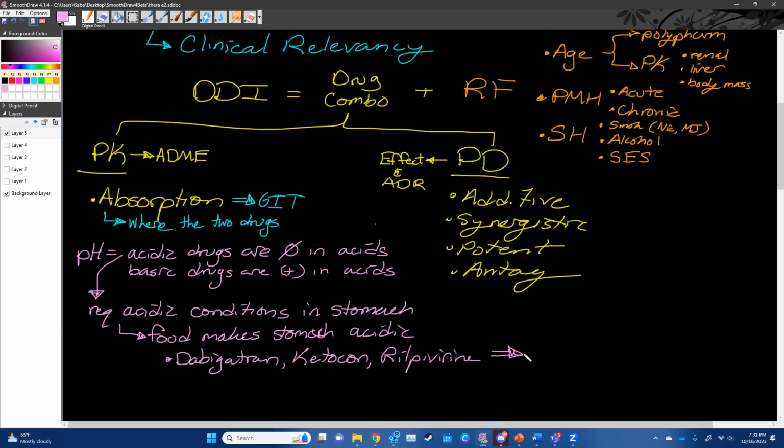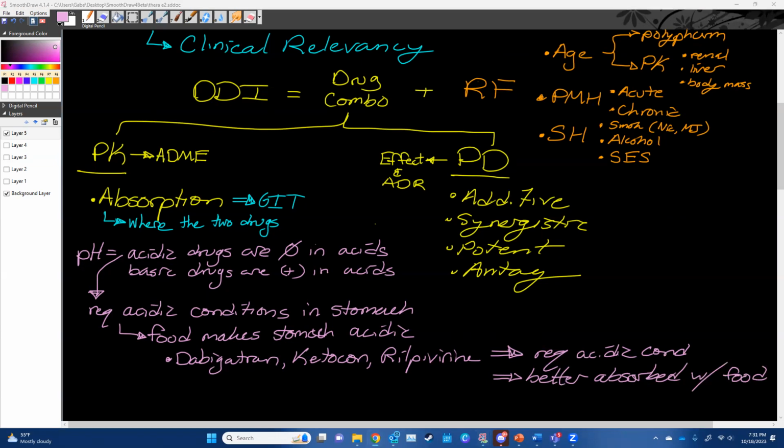All three of these drugs require acidic conditions, which means that they are better absorbed with food. They also have the added benefit of protecting you against nausea, stuff like that.